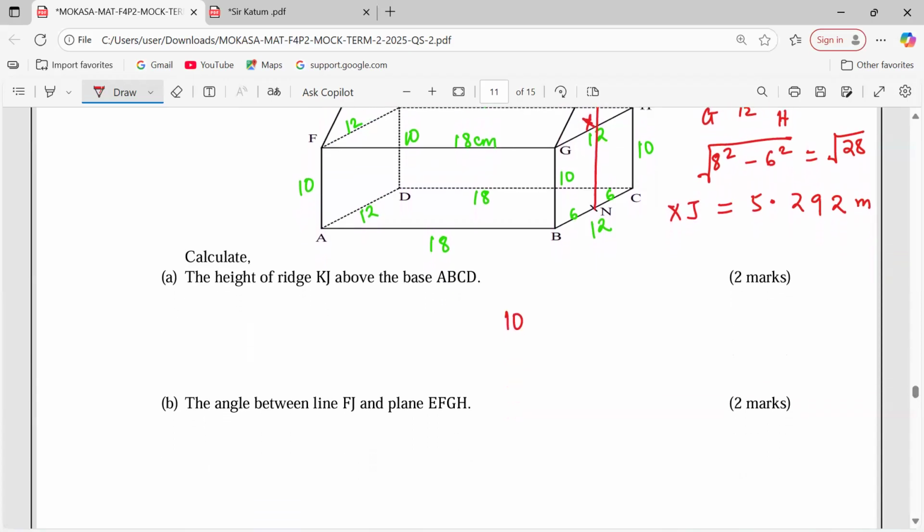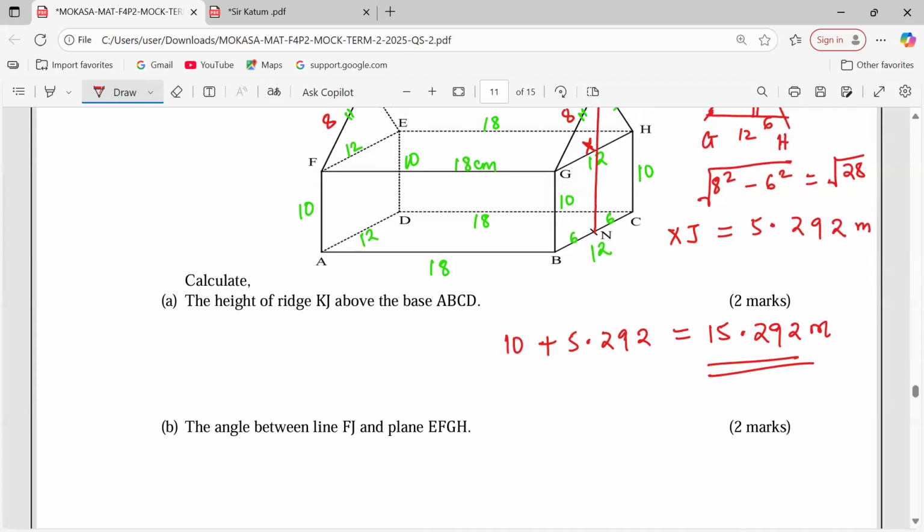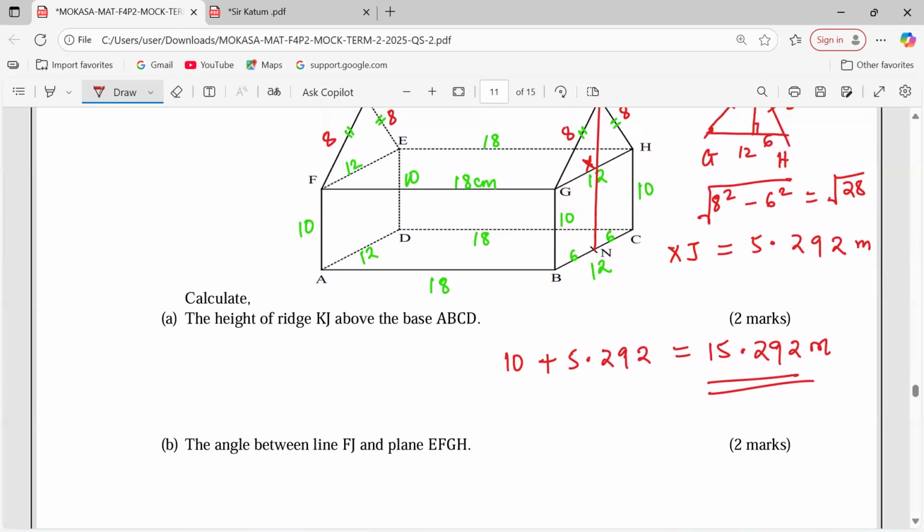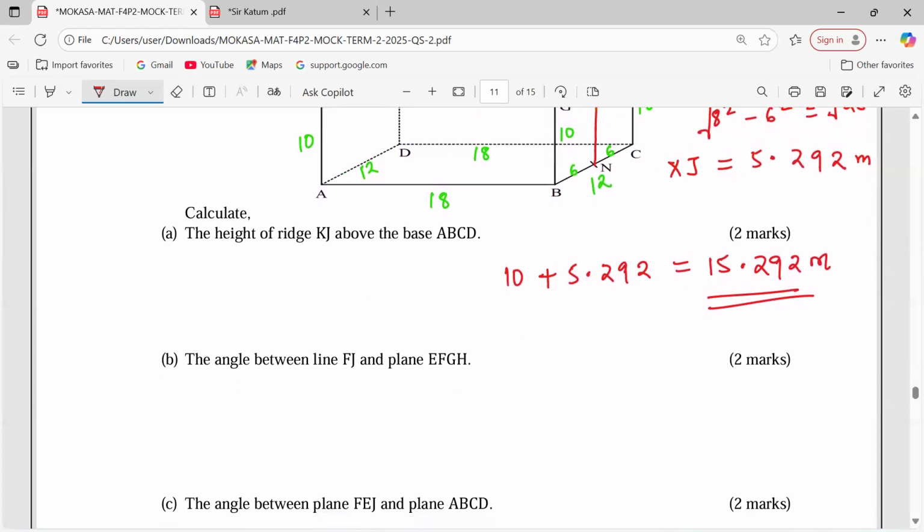Yeah, we are having 10. Therefore, 10 plus 5.292. This is giving us 15.292 meters. That is the height of the ridge KJ. Perfectly calculated.